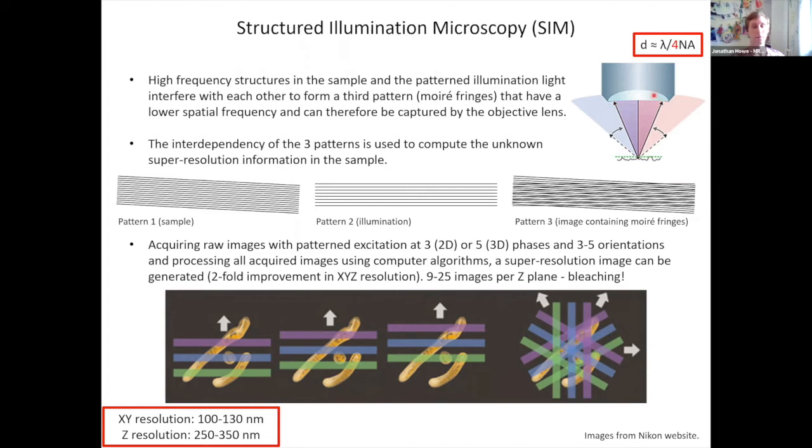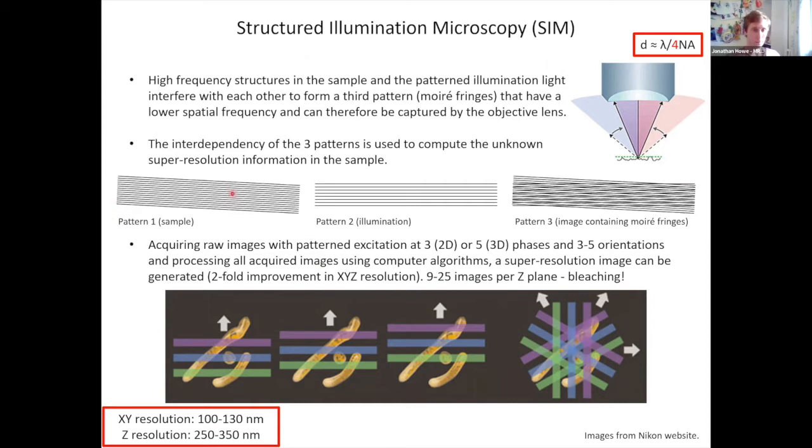And it does this by using patterned illumination. Now I've tried to diagrammatically depict this in the center panel here. So if you imagine pattern 1 is your sample, and this pattern, obviously you can see it now, but the frequency is so high that it's too fine to be resolved by the microscope.